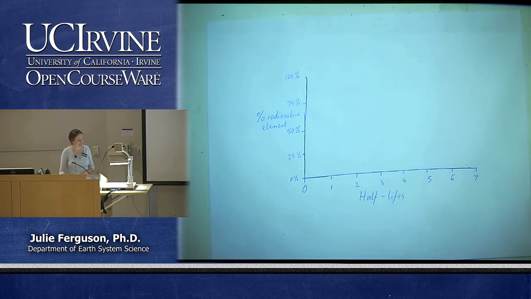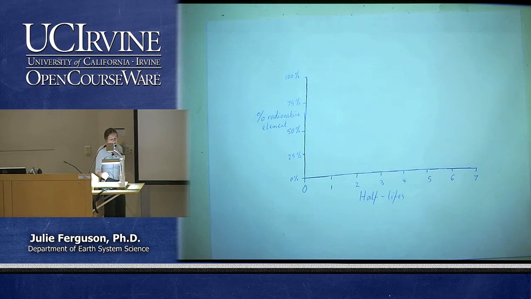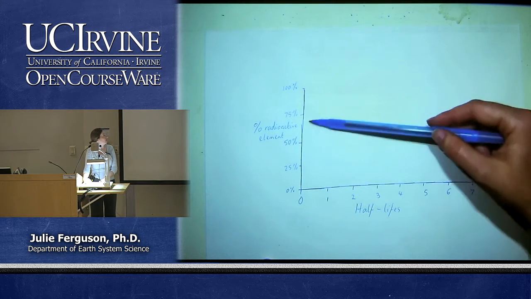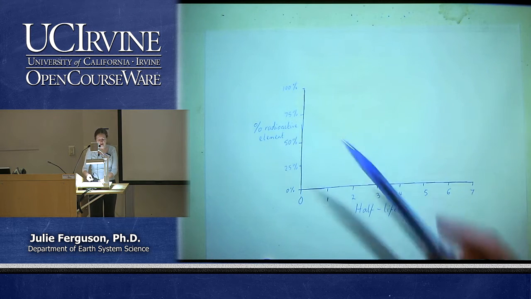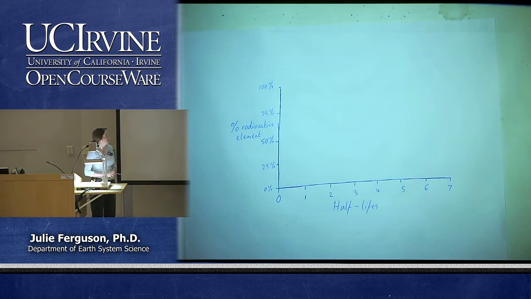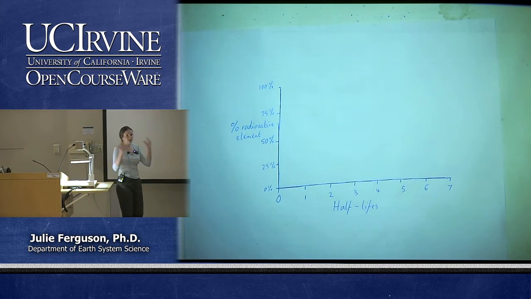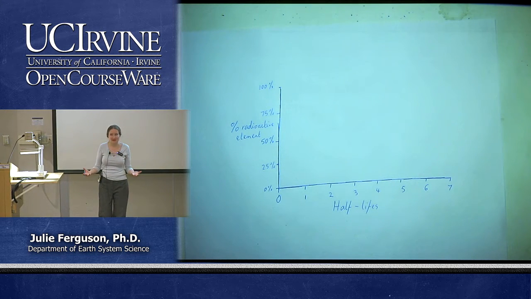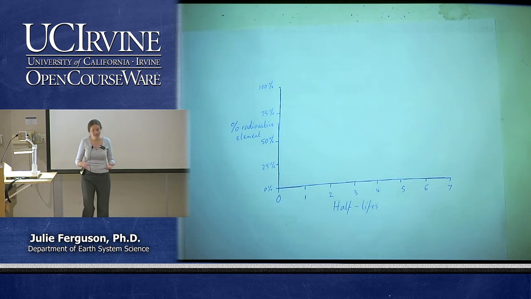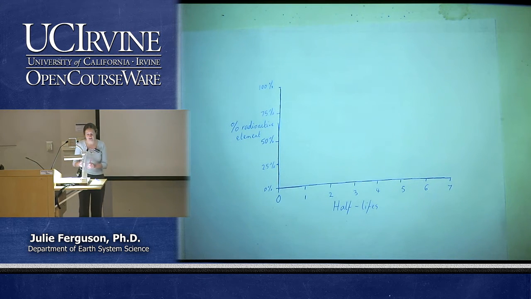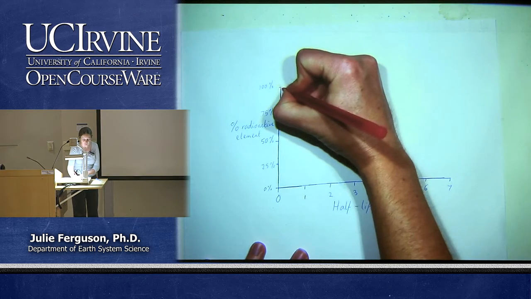I have a little graph here, with percentage of our radioactive element on the y-axis, and number of half-lives that have occurred on the x-axis. When that rock initially forms, it's going to have 100% of that radioactive element in it. So at time 0, we're going to have 100%, and we can put a point up here.